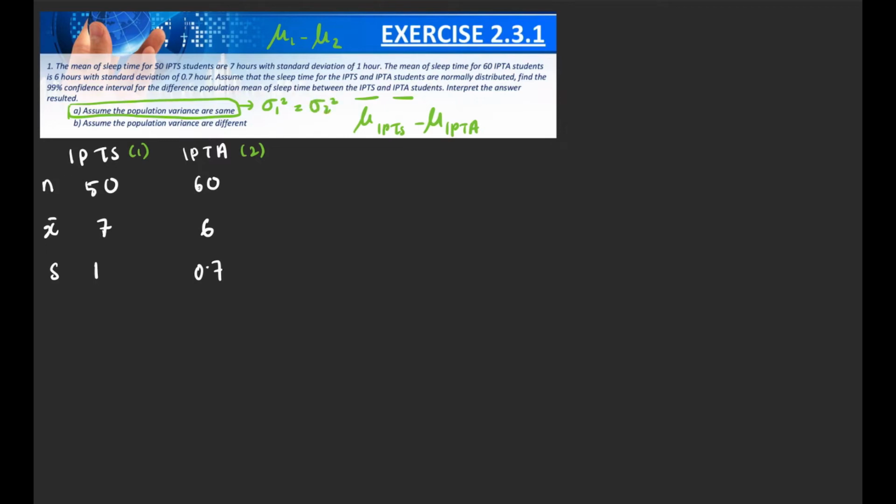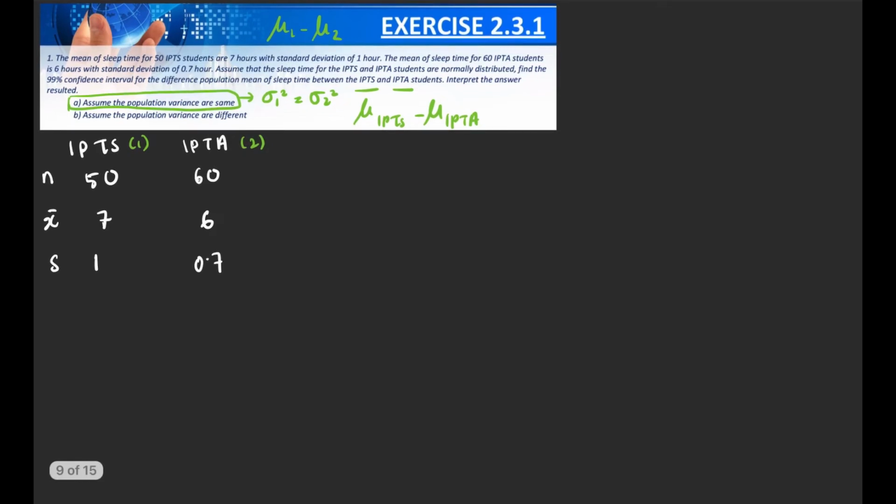So for part A, sigma 1 square equals sigma 2 square. Which formula do you want to use? We have n of 50. You cannot use this one because we don't have the value of sigma. So we said that sigma 1 square is equal to sigma 2 square.